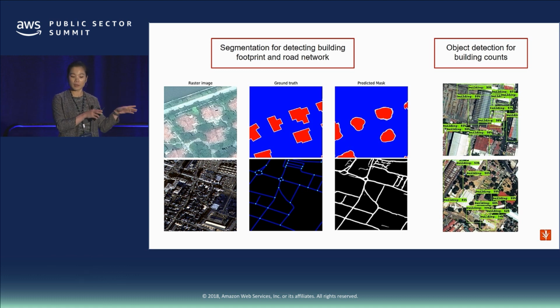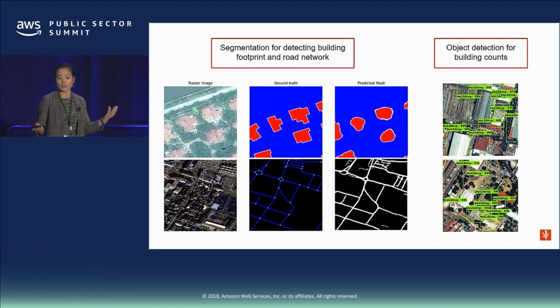Again, for example, with a road network, we have a satellite image and a labeled road network, and we pair them together to train the segmentation again. So we can predict on an unseen satellite image, feed it into the trained machine learning pipeline, and output the building outline or road network.